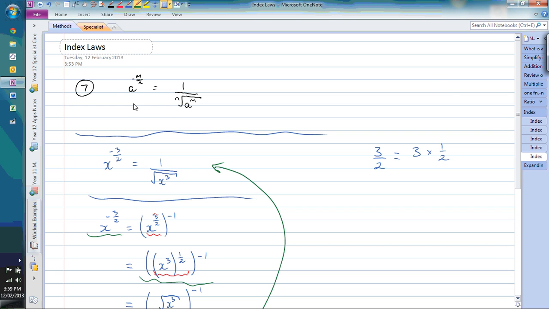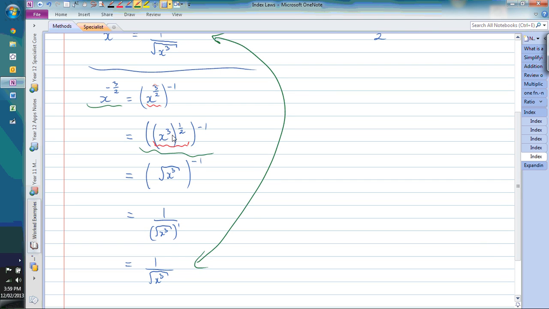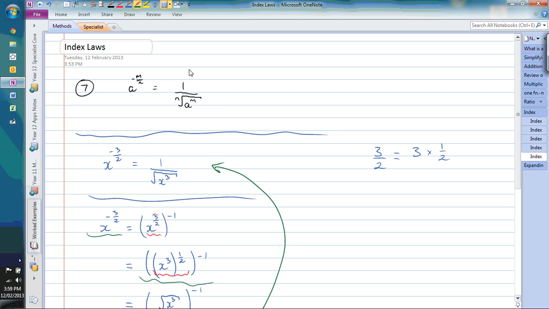So I guess this index law number 7 is kind of just the most complicated expression you could imagine. It's a combo of a bunch of different index laws applied one after the other. And this law just illustrates that you've got to be on top of your index laws. You've got to be able to work out how they interact without even thinking about it.